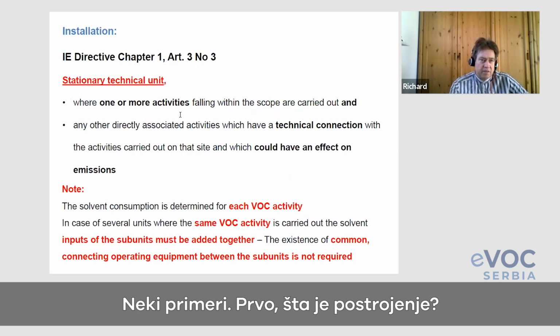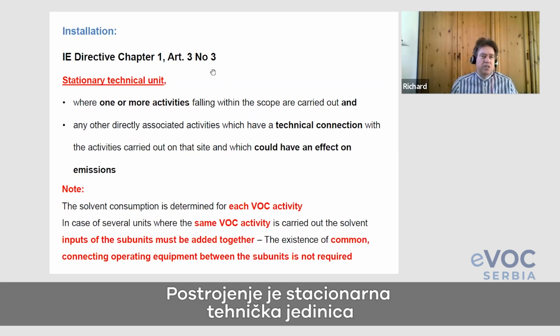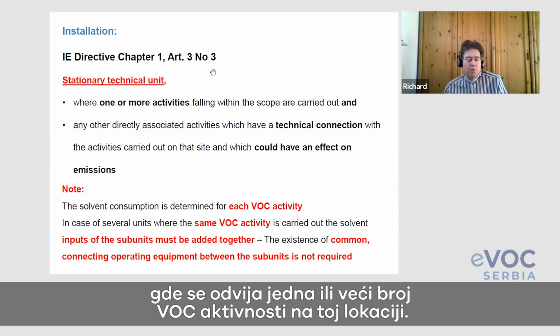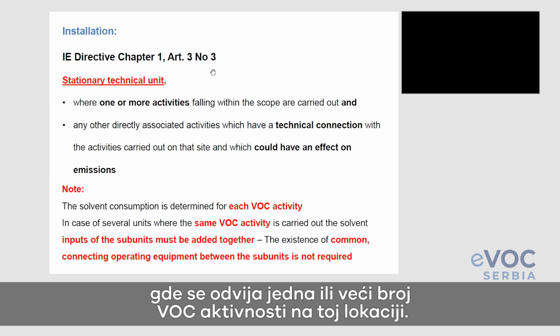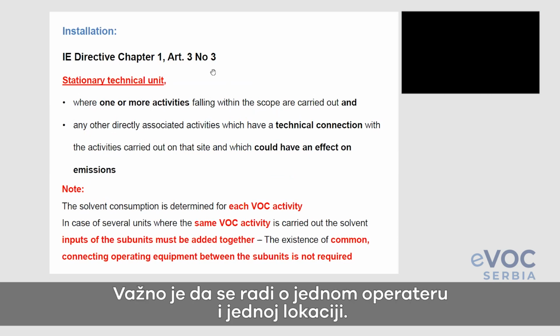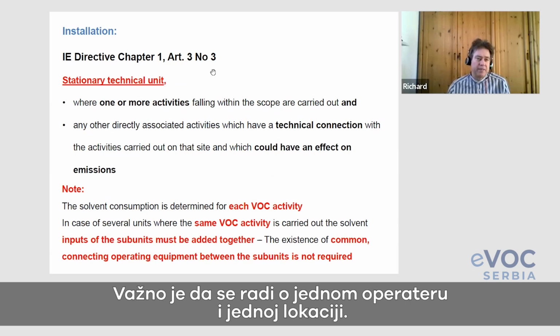So now some examples. First, we have an installation. An installation is a stationary technical unit where one or more VOC activities can be carried out at that site. Important is it's one operator and it's one site.